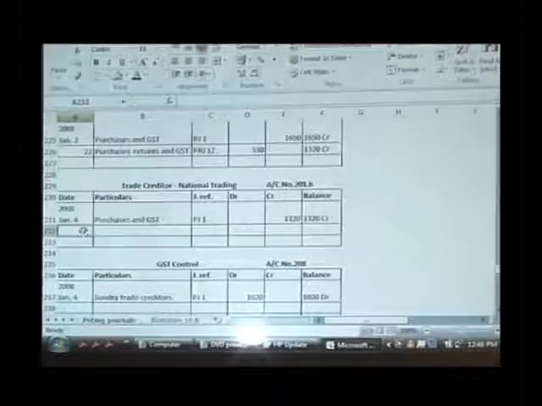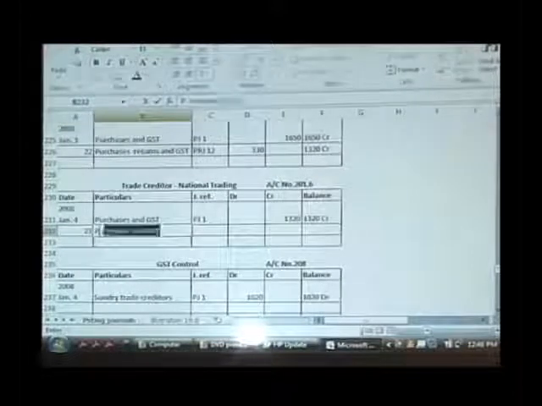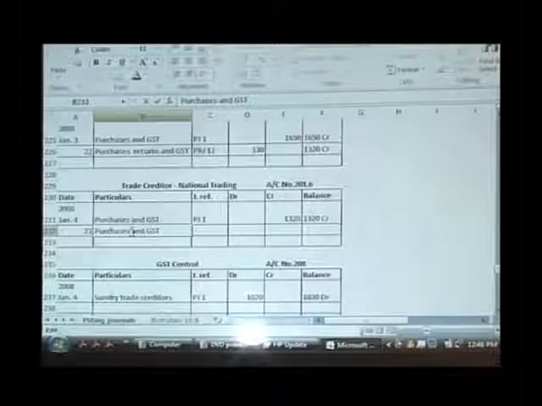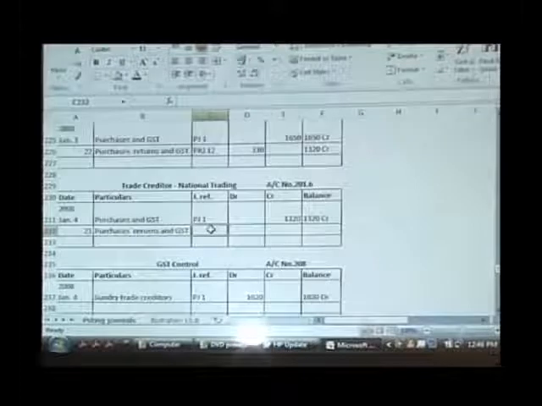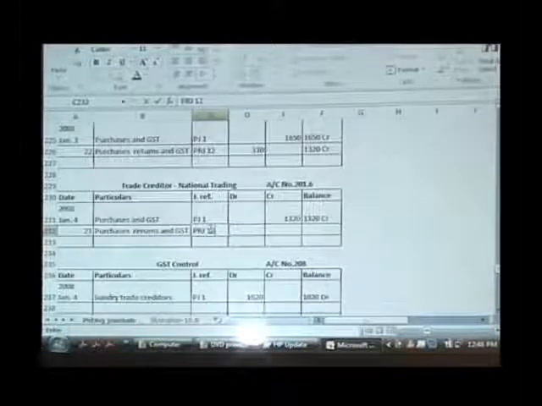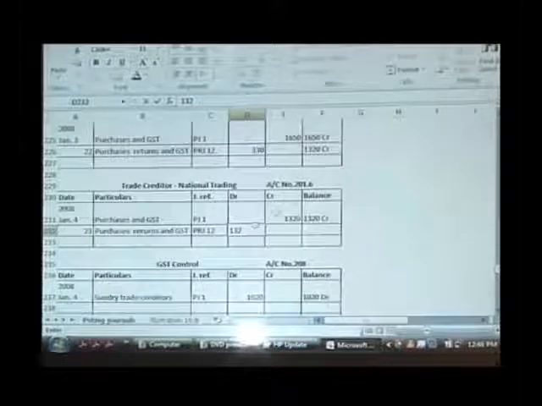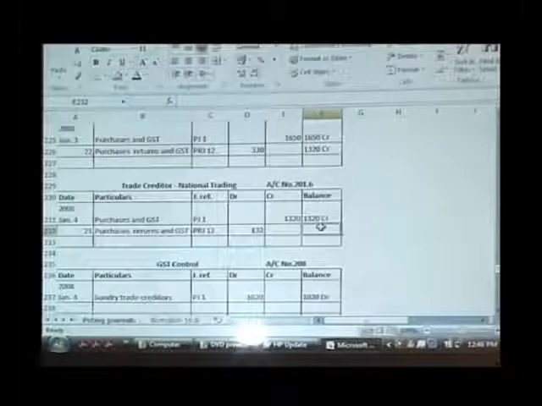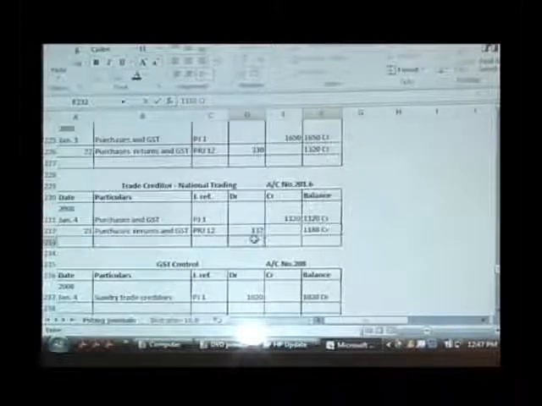National Trading, here the date is 23rd, purchases returns and GST, PRJ, page number 12, amount 132. 1,320 minus 132 is 1,188 credit balance.